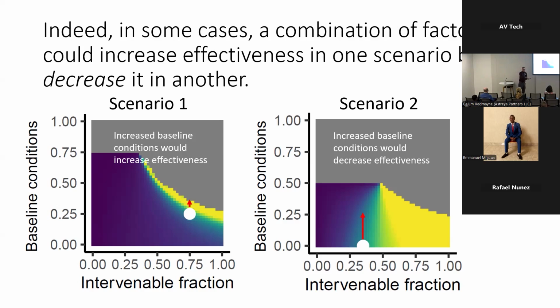But in scenario 2, strangely, if I were to increase the baseline conditions, I'm actually reducing the intervention effectiveness, which you have to sit down and think about for a little bit. And part of what's going on here is that the baseline disease prevalence is not fixed in these scenarios. So you're reducing both the baseline disease prevalence and the intervention, but they're reducing at different rates.